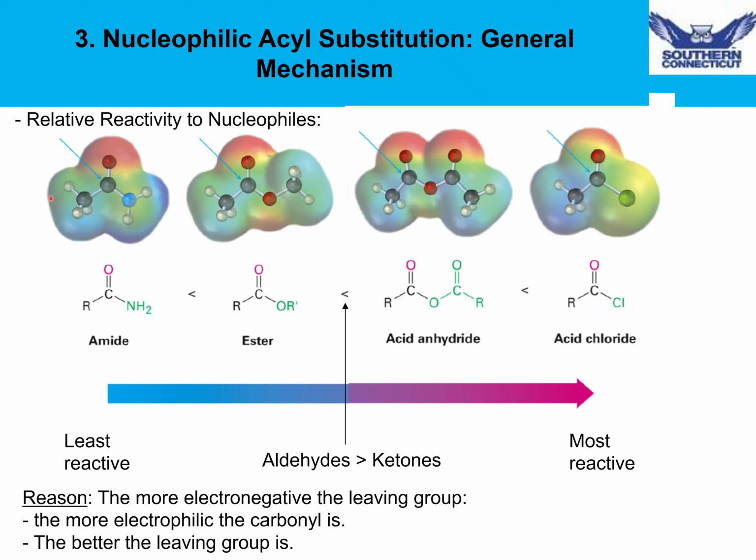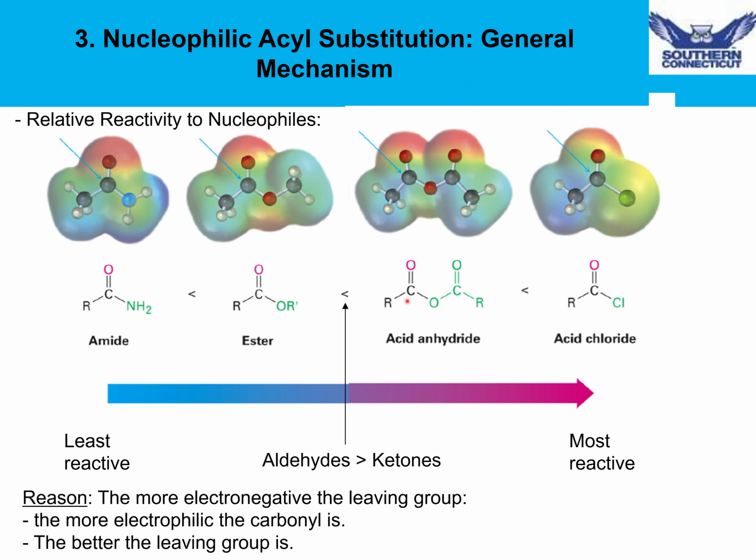Let's take a look now at the differences in reactivity between different acid derivatives and also compare them to aldehydes and ketones. In general, amides are the least reactive acid derivative towards nucleophiles. Esters are next, so they are quite unreactive compared to other acid derivatives, but not as much as amides.